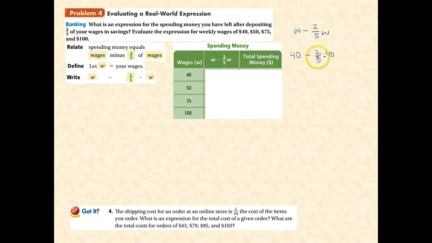So multiplying fractions, you can consider 40 to be 40 divided by 1. And now we multiply the top times the top and bottom times the bottom. So 2 times 40 on top, 5 times 1 on the bottom, which is just 5. 2 times 40 is 80.